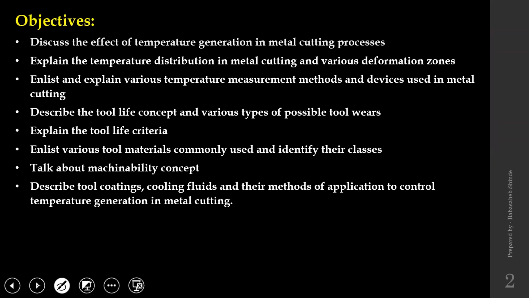Is it going to have some negative effect on the machining performance, or is it going to be beneficial? Because if the material is getting softer, then we can easily cut it, right? But what if that heat generation is softening the cutting tool also? Then that is not desirable, right? So that way we are going to study the various effects of that heat generation on the overall machining performance.